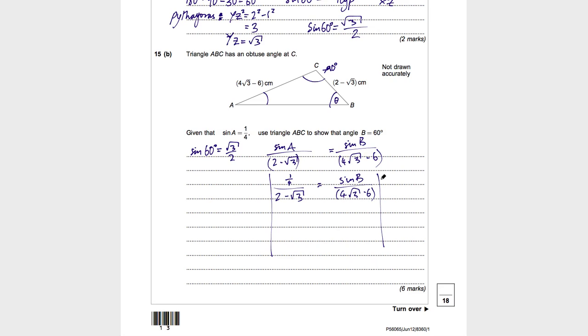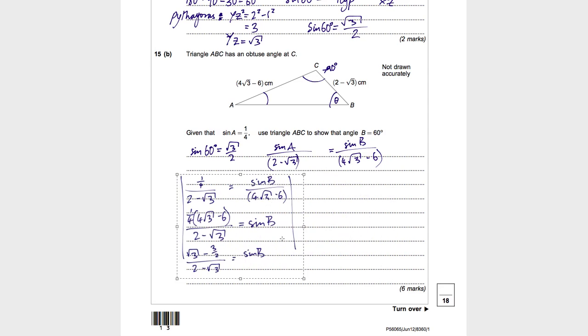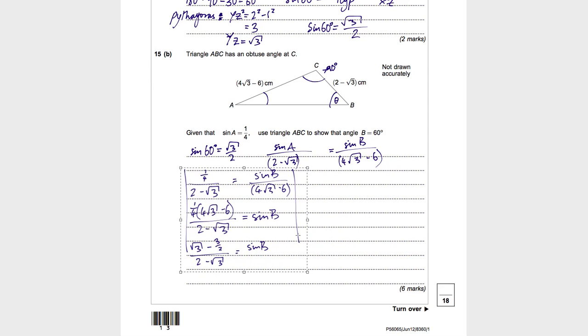So 4√3 minus 6, if I multiply this side by that, so 1/4 of 4√3 minus 6 over 2 minus √3 equals sine B. Simplify that, that is √3 minus 6 over 4, that's minus 3/2 over 2 minus √3 equals sine B. There may be an easier way to do this with algebra, but I can't see it at the moment, so I'm just going to keep on going with this method.